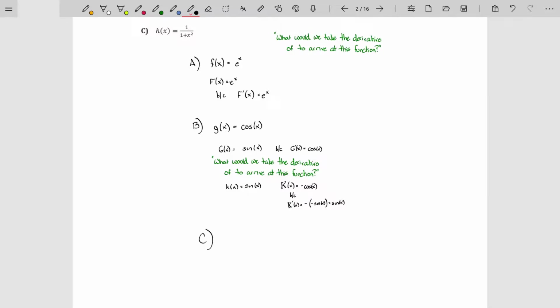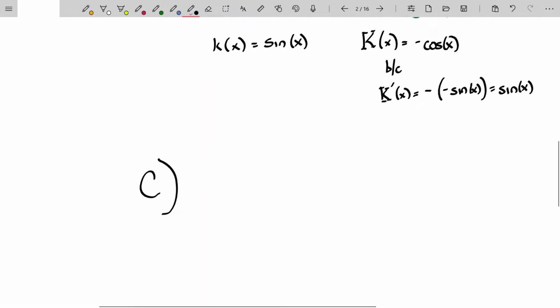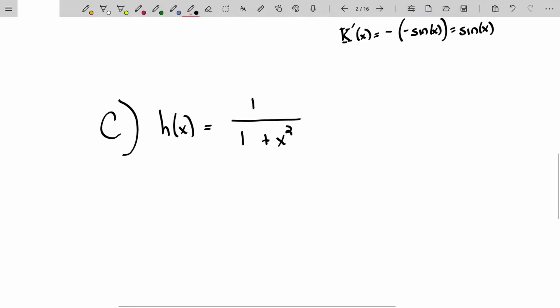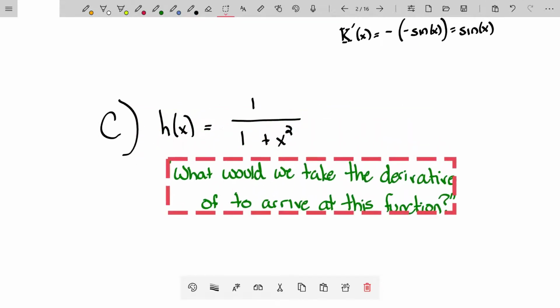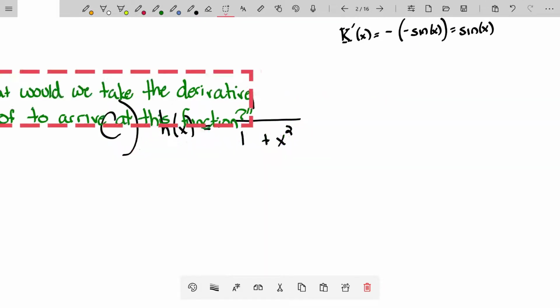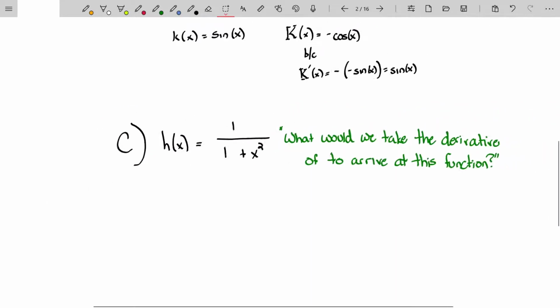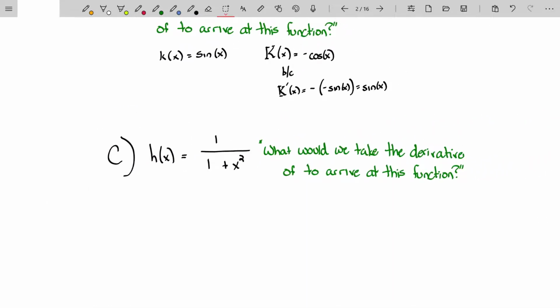So part C, we have a function, little h of x is equal to 1 over 1 plus x squared. And again, you would ask yourself, what would you take the derivative of to arrive at this function? Well, think about all the functions you know the derivatives of, because that's all you can do.